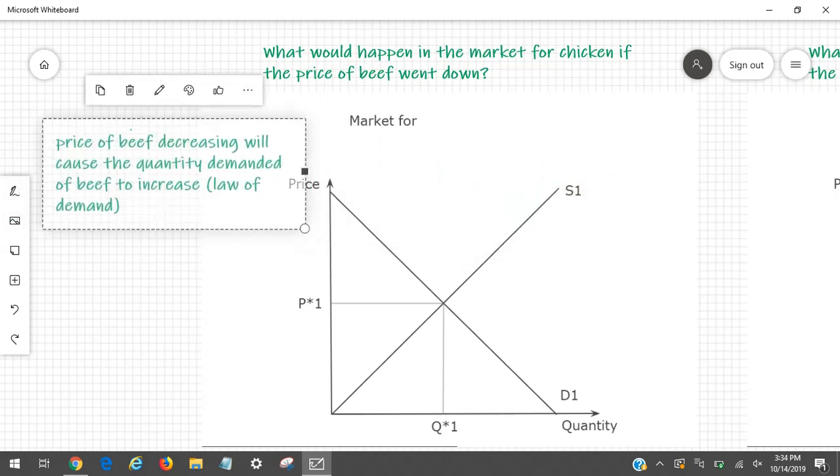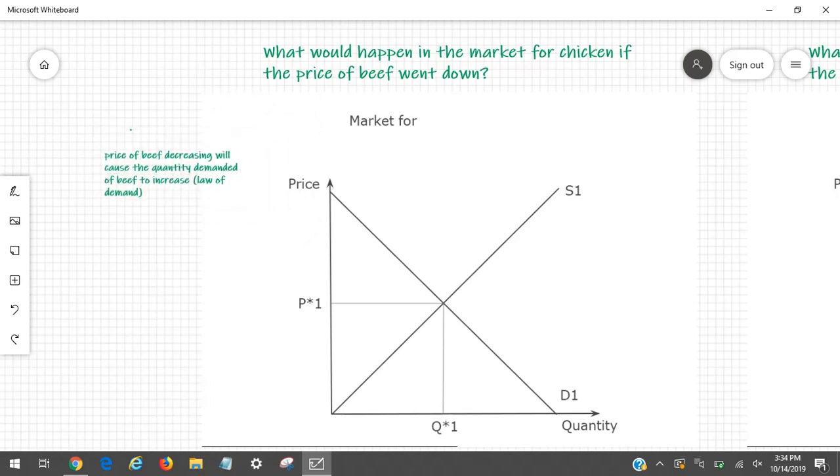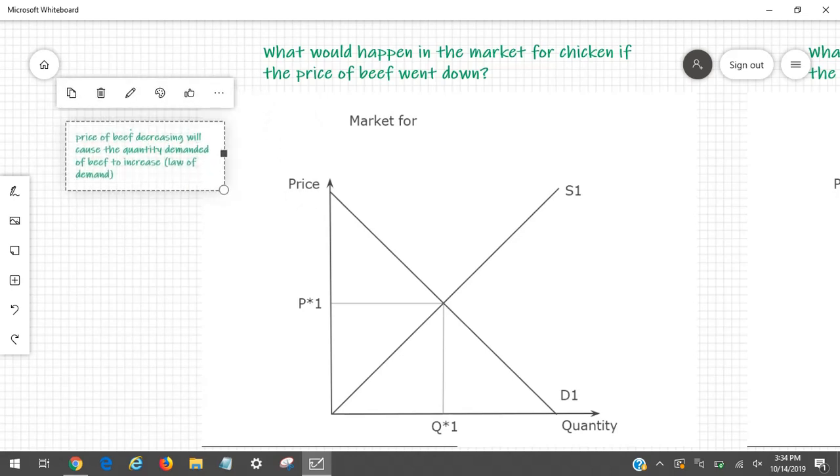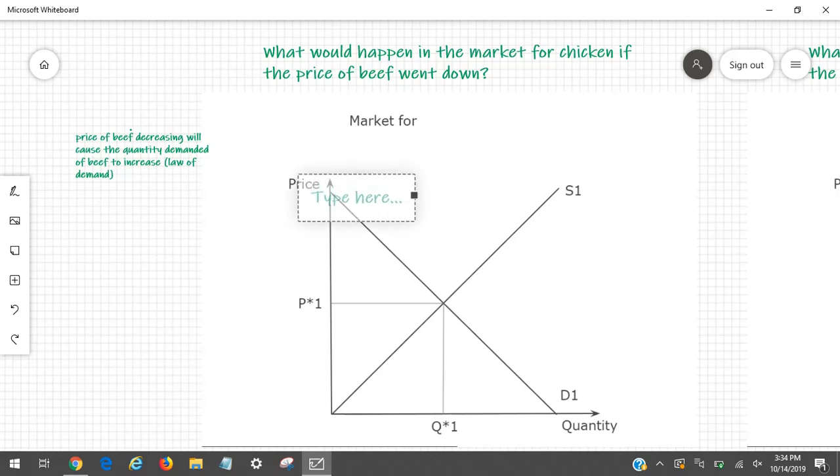So people are going to be buying more beef when the price of beef goes down. Okay, and since chicken we're going to call a substitute for beef, as consumers switch to buying more beef, they are going to be buying less chicken. So we would expect the decrease in the price of beef to cause a decrease in the demand for chicken.